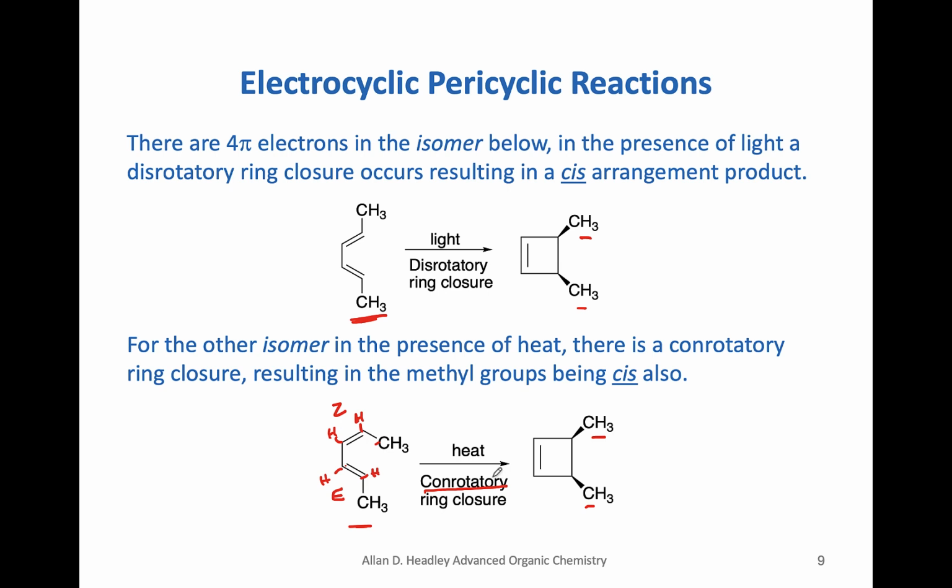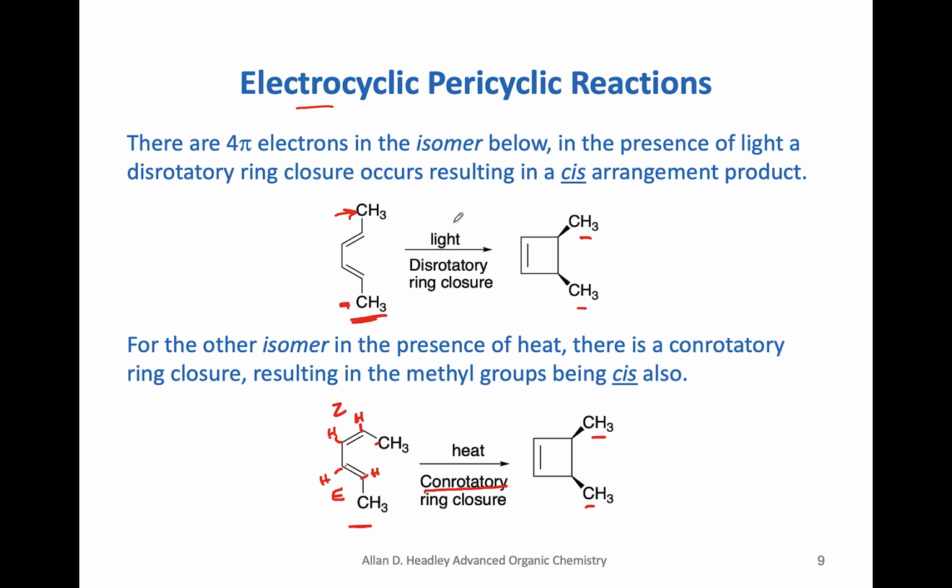So for these types of reactions, the electrocyclic pericyclic reactions, you will have to exercise extreme care to determine the number of pi electrons that are in conjugation. After you have determined the number of pi electrons in conjugation, you'll have to determine the stereochemistry around the double bond.